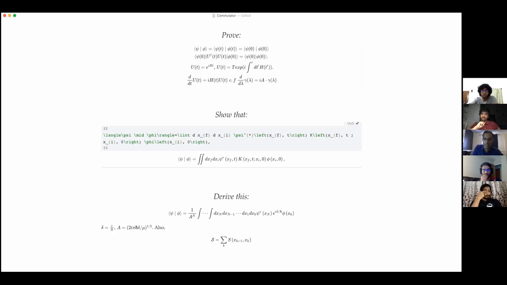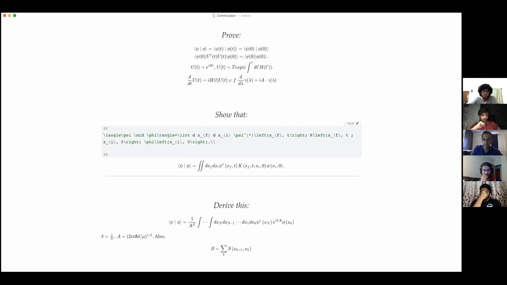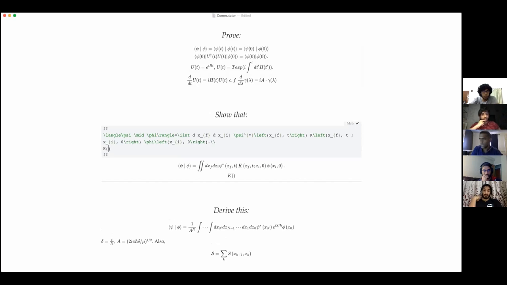So basically you just have to recall the fact that K(xf, t; xi, 0) times phi(xi, 0) is phi(xf, t).